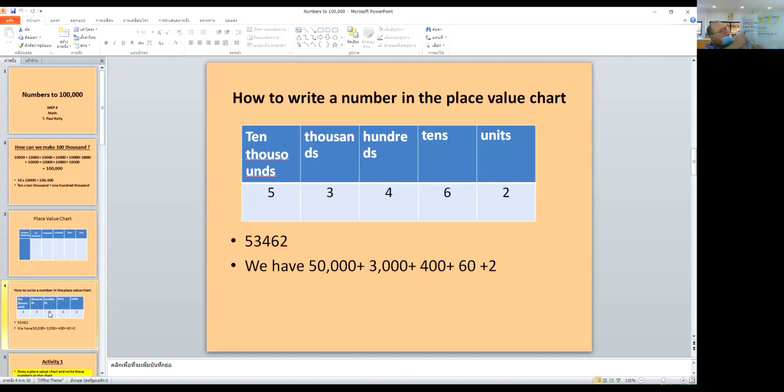We had 50,000. We had 3,000. We had 462. So if you look on the slide, we have 50,000, 3,000, 462.